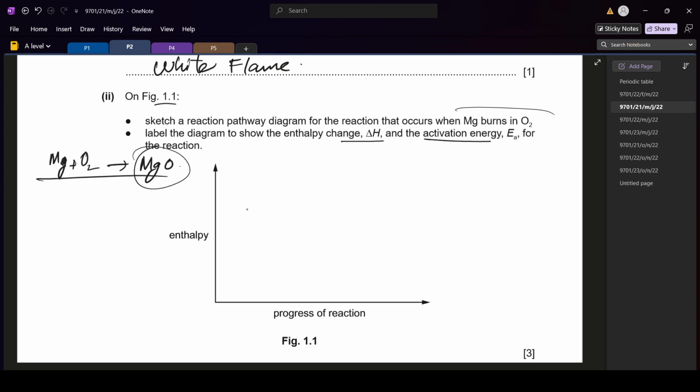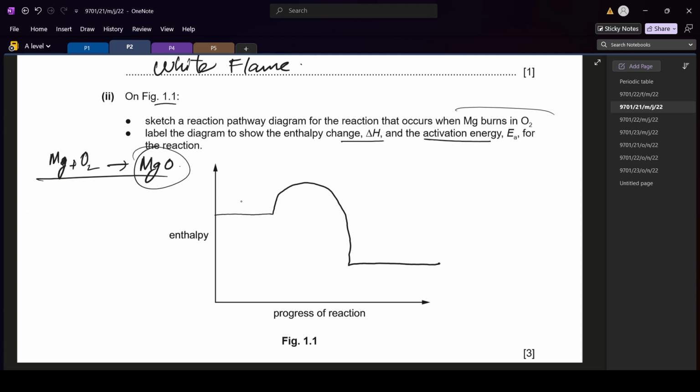Okay, so here we will draw the reactants, then here we will have the products.